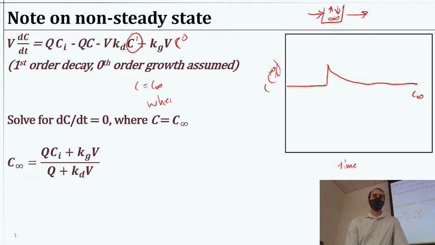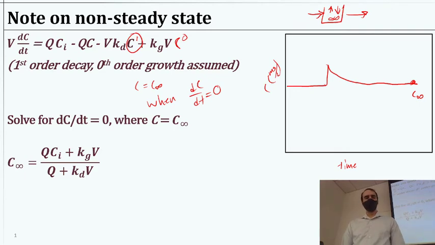So when dC/dt equals zero, we no longer have any more change. So then it was just a matter of solving for C. So pretty much what we had done before. But in that case, they were also including this decay rate and a growth rate.